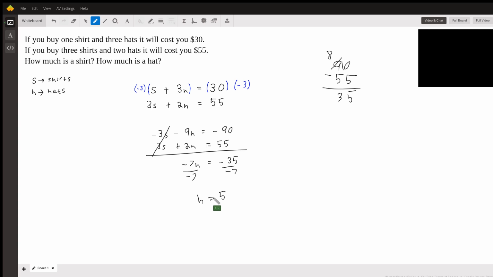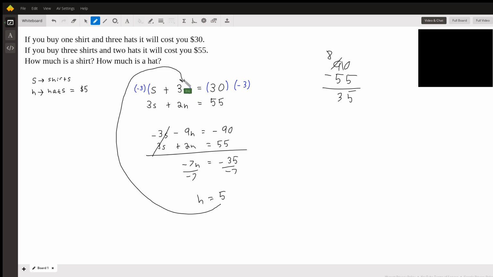Well, what does h represent? Well, back in the original equation, h is our hats. So hats must be $5. Now to find the cost for a shirt, we can plug 5 back in for h in either one of the original equations. So let's go ahead and go with our first equation here.